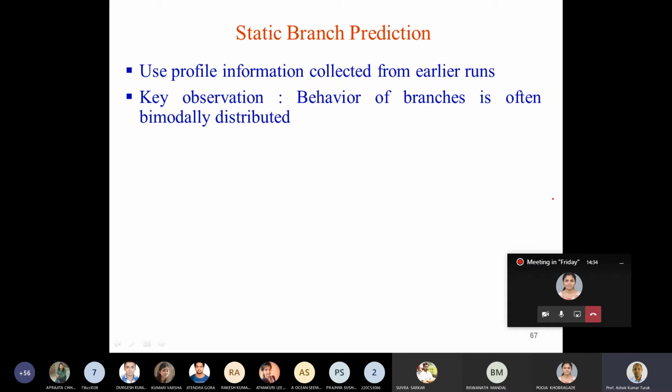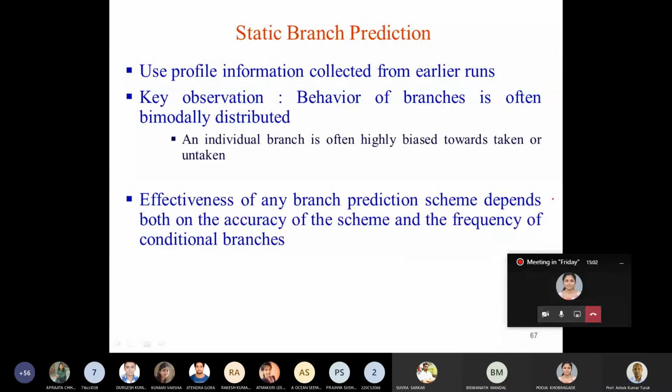So it is bimodal, whether taken or not taken, and it is heavily in one direction. An individual branch is highly biased toward taken or not taken. So if it is not taken, then most of the time it will be not taken, and if the branch is taken, then most of the time it will be taken.